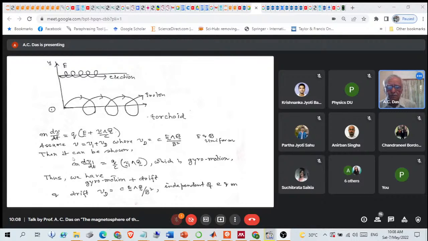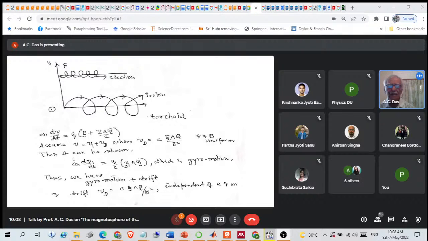If you write V is equal to V1 plus Vd, one term will be V1 cross B, the other term will be Vd cross B, and then Vd cross B will be simple. You can simplify, and you will finally find an equation m dV1/dt is equal to q by c V1 cross B.